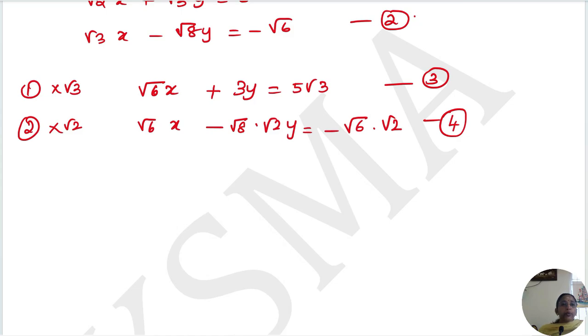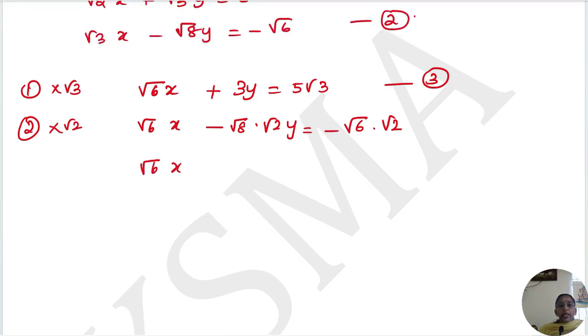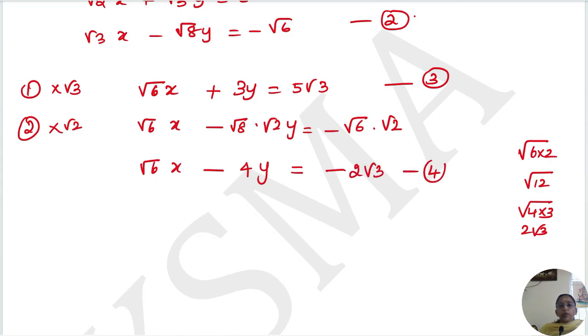Adjusting equation 4, we get root 6 x minus root 8 into root 2, so 8 twos are 16, root 16 is 4, so minus 4y is equal to root 6 into 2, so root 12. Root 12 can be written as 2 root 3, so minus 2 root 3. So this is our equation number 4.